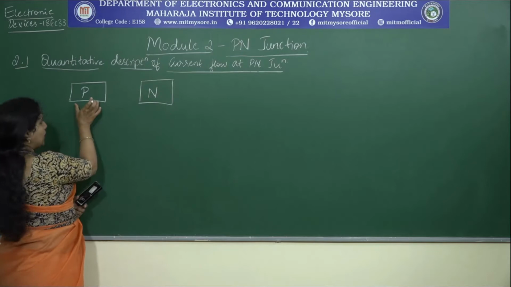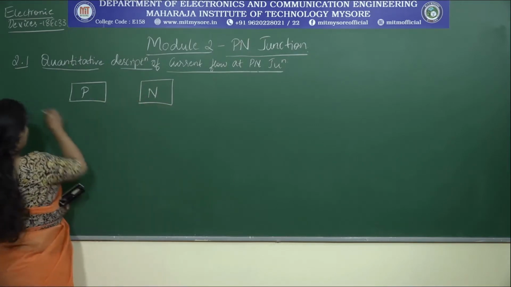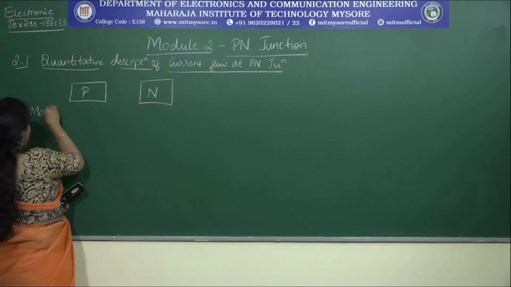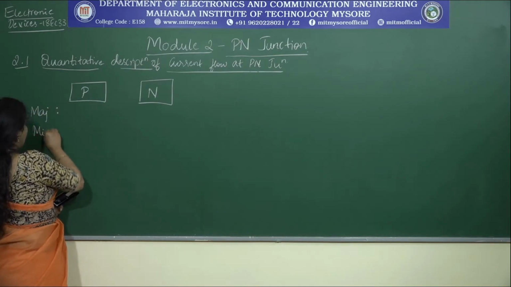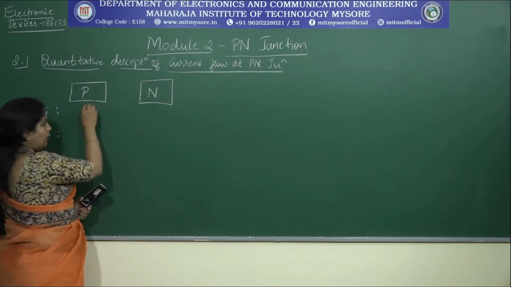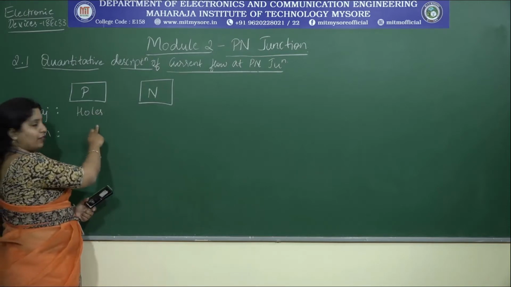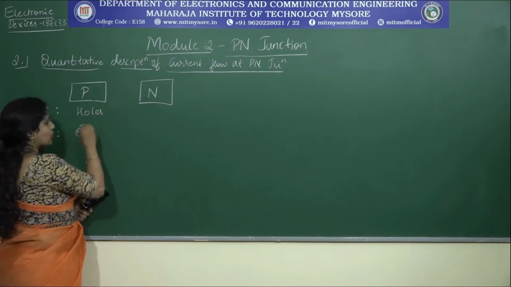Let me consider a P-type semiconductor and an N-type semiconductor. We know that in a P-type semiconductor, the majority charge carriers are holes and the minority carriers are electrons.